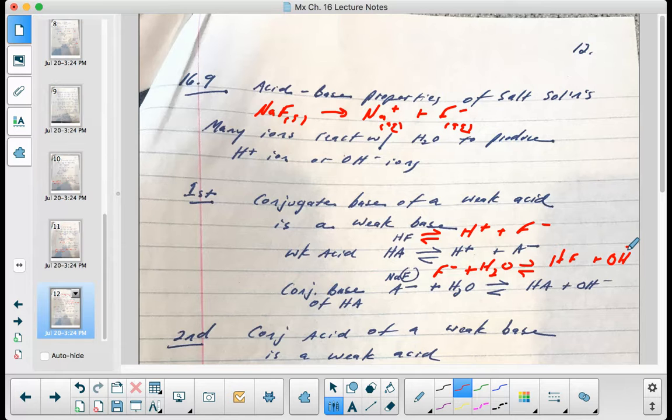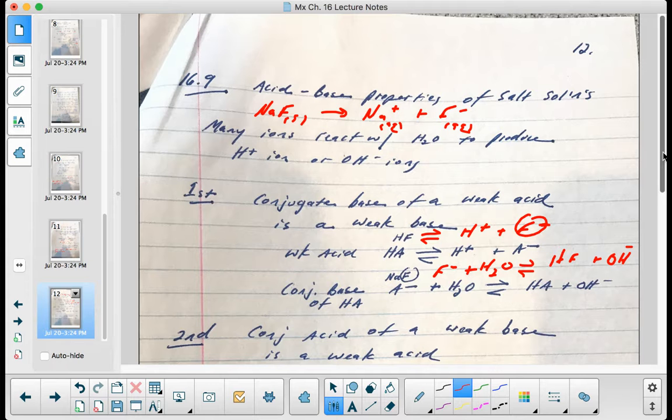So here's a scenario where a weak acid can produce an ion that behaves as a weak base. So this ion, if I can get it from some other source, such as a salt, sodium fluoride, something that's not necessarily an acid, not necessarily a base, it will behave as a base because that fluoride ion can behave as a weak base, react with water, and produce the hydroxide ion.